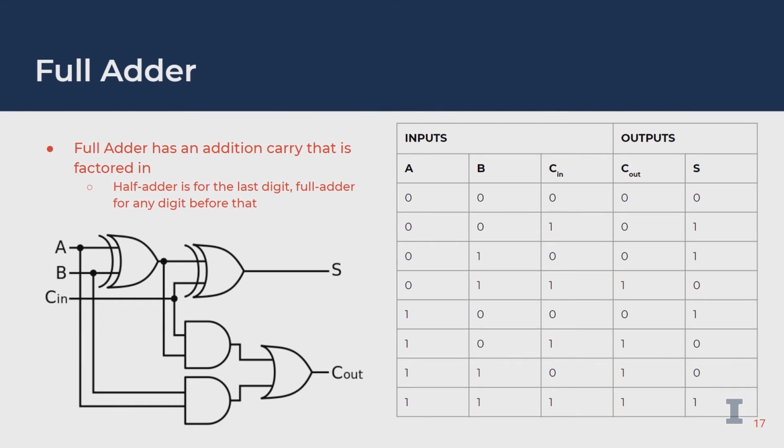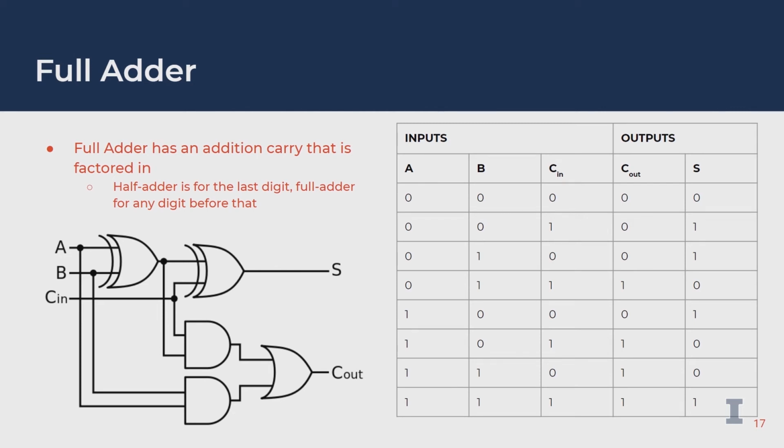Does that mean only one of A, B, or C can be a 1 for S to be a 1? Yeah, we can see it here in this table. But if A and B are both 1, when those XOR, we get a 0. But when we XOR that with C in, that's going to come out a 1, right?